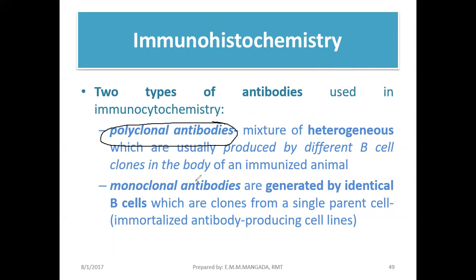While in your monoclonal antibodies, dahil single population of antibodies lang siya, directed lang sila sa iisang type ng epitope doon sa antigen mo, so ang ibabind lang nila ay yung epitope na nag-iisa kung saan sila directed. That is actually making the test less sensitive.